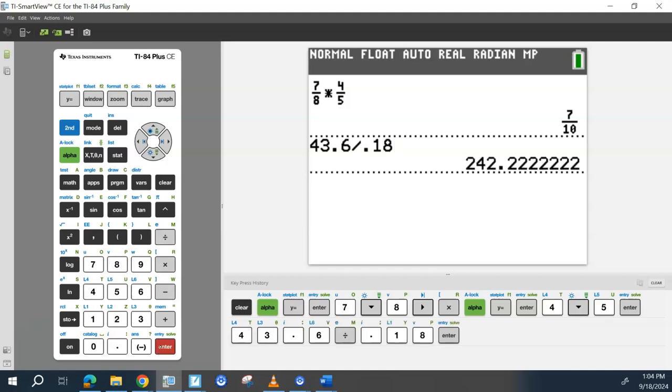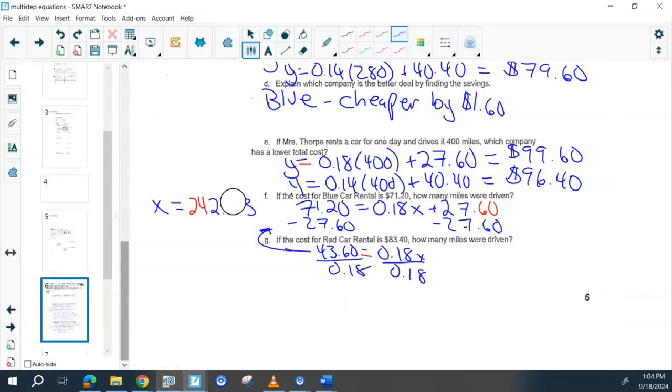So 242.2 repeating. And then miles. Because miles can be a decimal, we would leave it like that, but we wouldn't put all of those decimals. Questions on that one? Say it one more time.